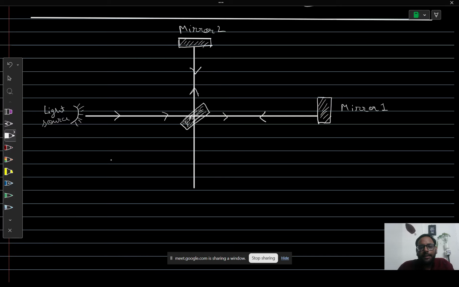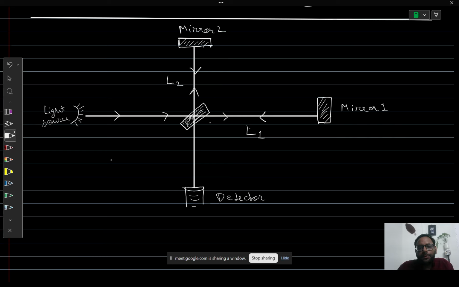Suppose this is my arm 2 of length l2, and another arm 1 of length l1 with respect to the beam splitter, and here I have a detector.